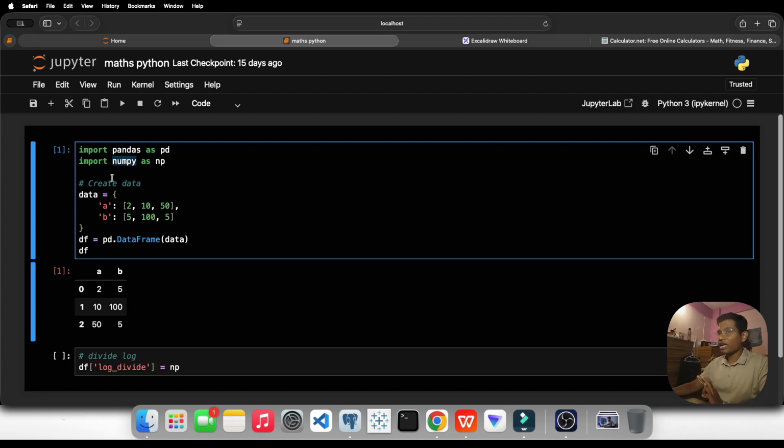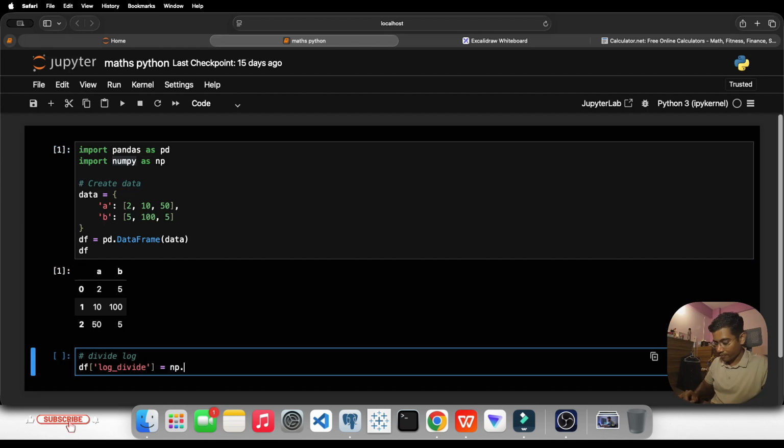Here I have two libraries, pandas and numpy. Pandas is for the data frame creation, and numpy is for the maths part, the log. Also let me tell you one thing, all the data here are multiples of 2 and 5, and that is the reason I am using 10 here.